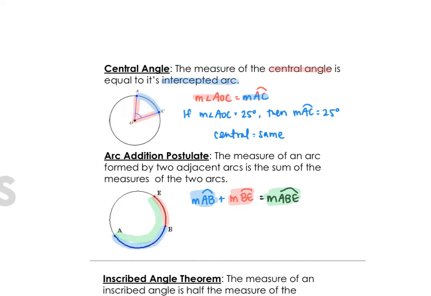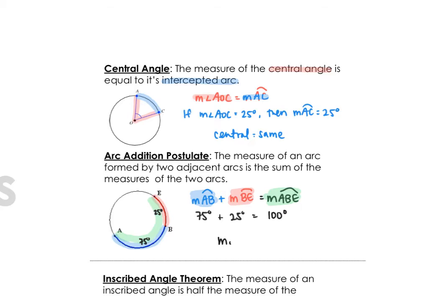Which should seem logical to you. So for instance, if I told you that the measure of arc AB was 75 degrees, and the measure of arc EB was 25 degrees, that means the measure of arc ABE would just be 75 plus 25, which is 100 degrees.